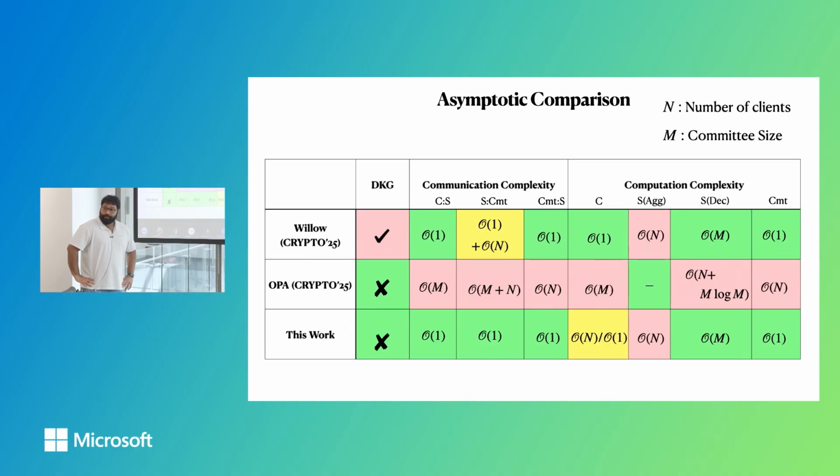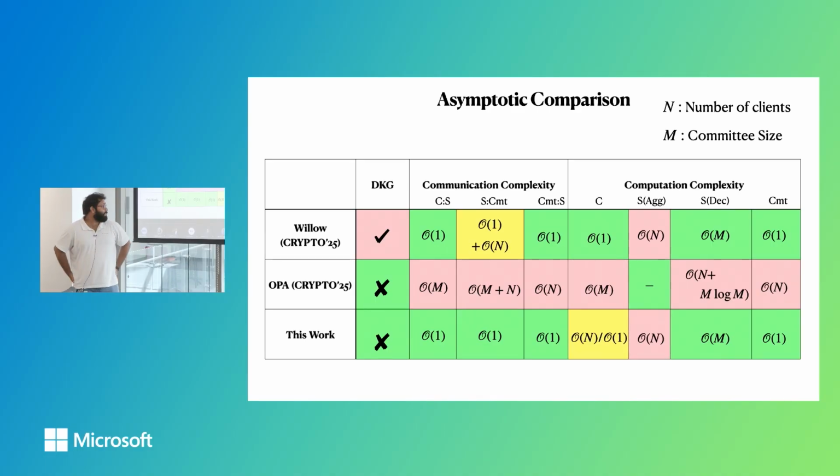So how is it possible that in your work the server to committee communication is linear? Linear in the size of the vector.